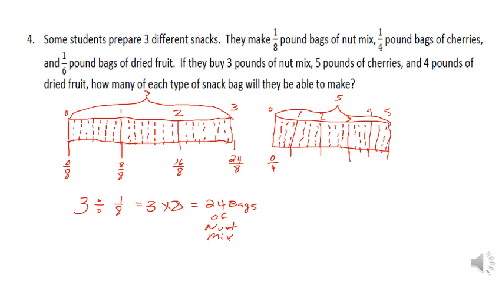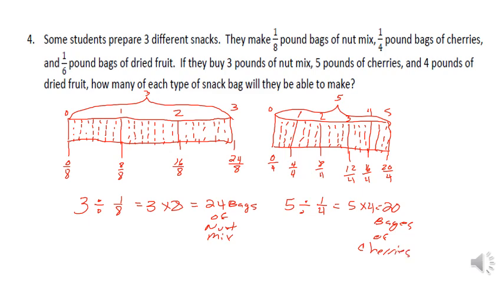Now, when we start down here, I know I have 0 fourths. 1 whole would be 4 fourths. 2 wholes is going to be 8 fourths, 12 fourths, 16 fourths, and 20 fourths. So let's see. I know I have 5 pounds of cherries divided by 1/4, which equals 5 times 4, which equals 20 bags of cherries.